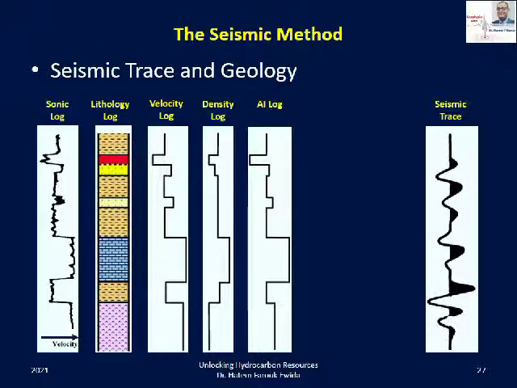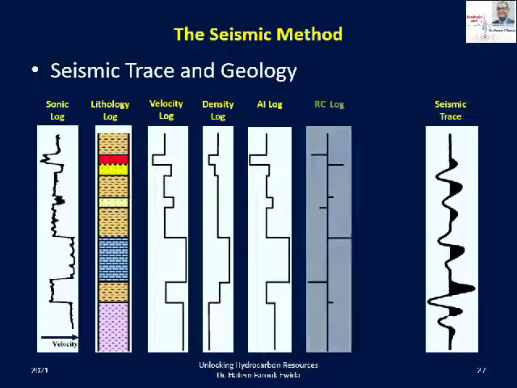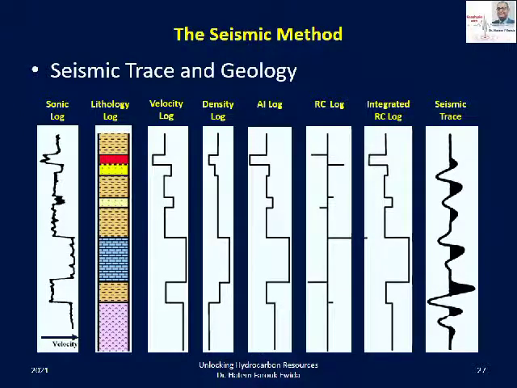You will know this in detail in the coming lectures. So I'll have the reflection coefficient log, and this will be convolved with the wave that I sent from the surface, and I will have the seismic trace. Because of that, the seismic is a treasure, because it has a lot of information about the rock itself through its density and velocity.